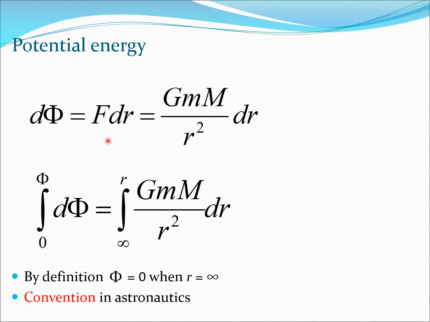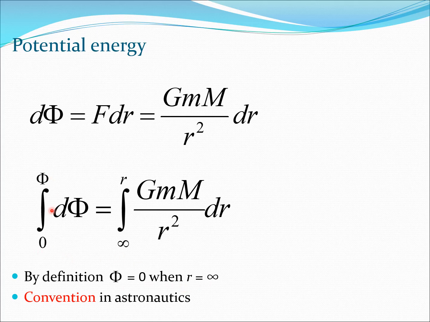Now I rewrite that fact here, that d phi equals F dr, which is this expression here. And now I can do this integration. Essentially I integrate the d phi term from 0 to phi, and I integrate the GMm by r squared term from infinity to r, where we use a convention which is very typical in astronautics, that phi is 0 when r is infinite.